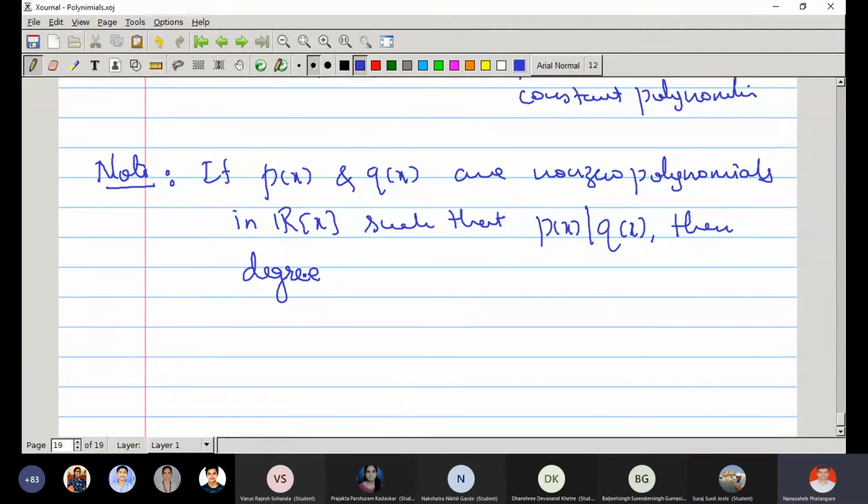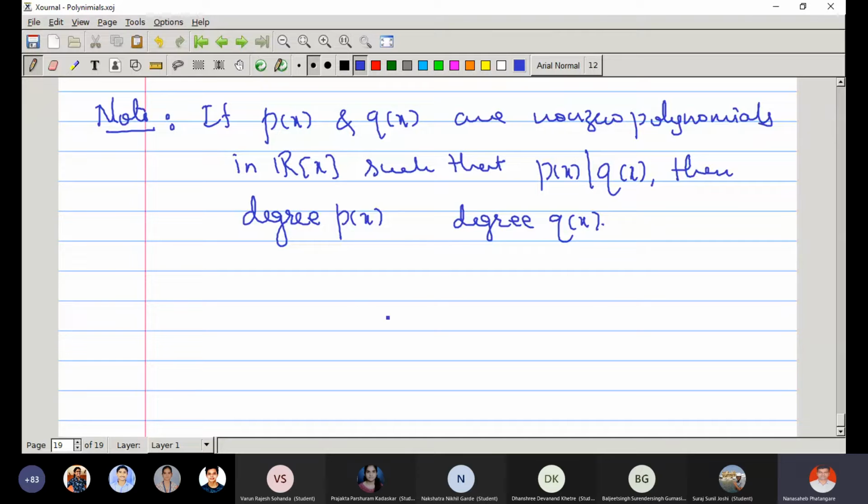Can you compare the degrees of p and q? Is there any comparison? Yes, less than or equal, right?